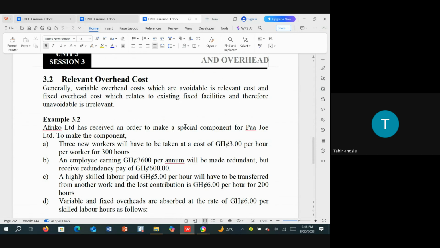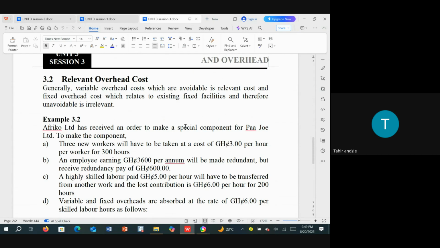Most of the variable overheads are avoidable. So generally, the concept is that variable overheads which are avoidable are a relevant cost, and fixed overheads which relate to existing fixed facilities and are therefore unavoidable are an irrelevant cost.